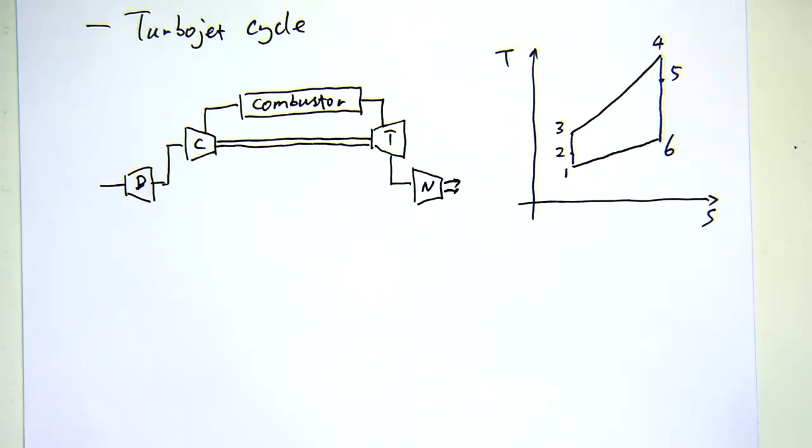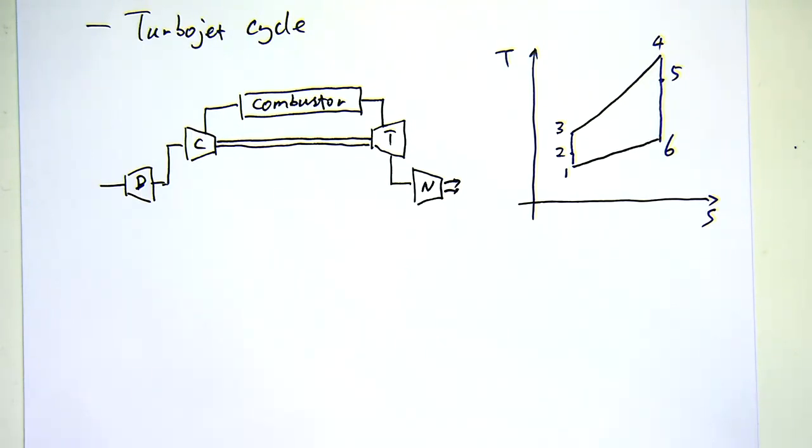All right. So in the last lecture, we discussed the turbojet cycle, and we introduced the basic components in the system, as well as the TS diagram.